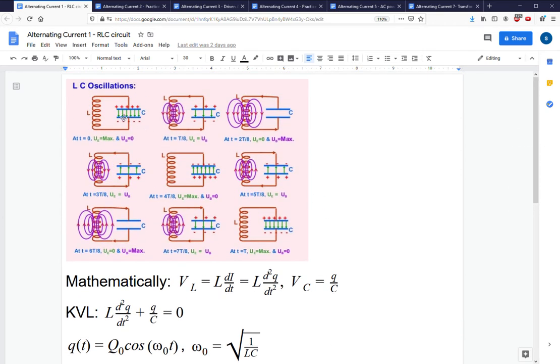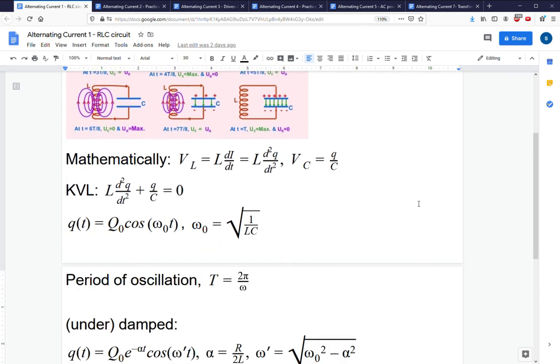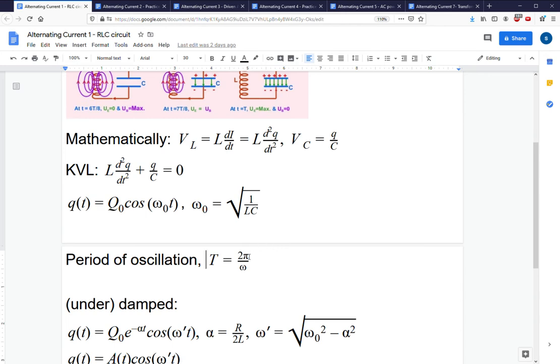That is, how long it takes to get from our initial condition all the way through the cycle back to our initial condition. Now, knowing omega, we can say that T is equal to 2 pi over omega. And this is a relationship that you will see very often in oscillating systems. You can take this as true for any oscillating system.